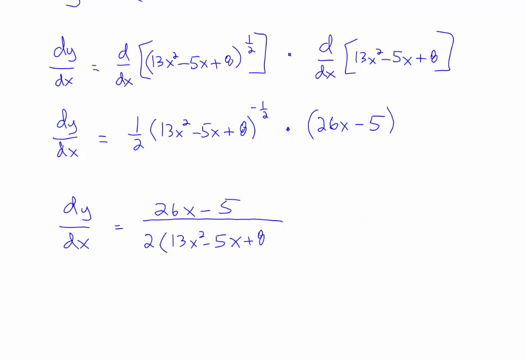If you want to clean this up a little more, it changes back to radical form: 26x minus 5 over 2 times the square root of 13x squared minus 5x plus 8. And this would be your answer. Okay, let's take a look at another one.